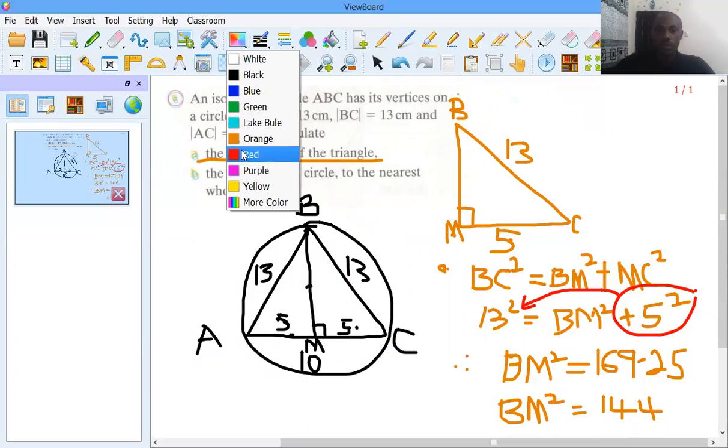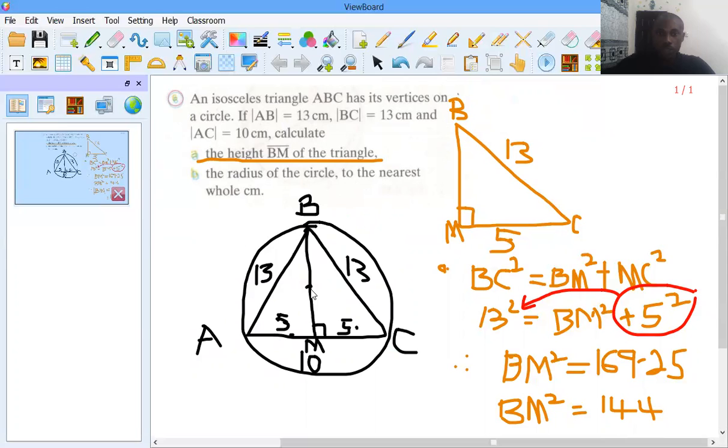Don't forget that the radius is a straight line from the center of the circle to a point at the circumference.